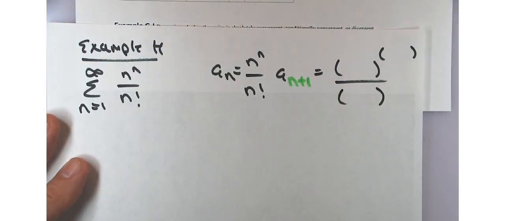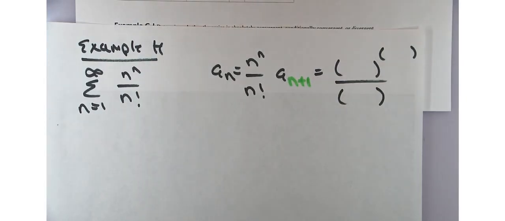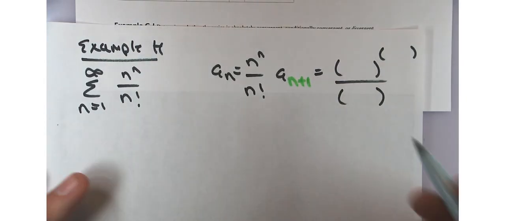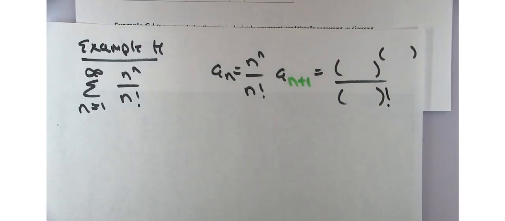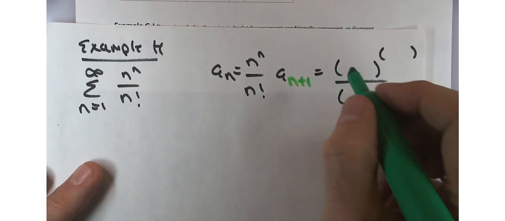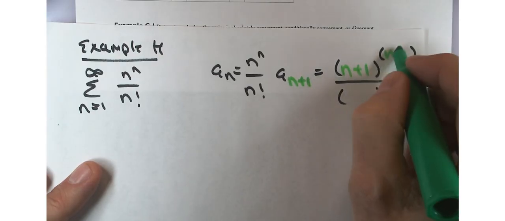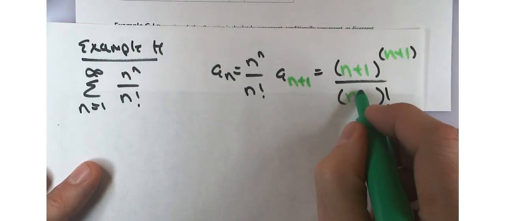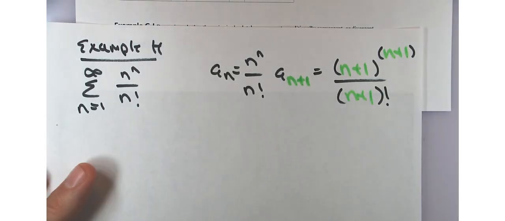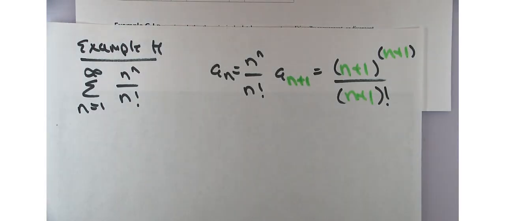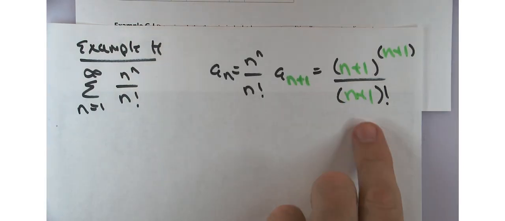Check with your neighbors, right? See what you get. So you should have n plus 1 to the n plus 1 over n plus 1 factorial. And let's see if I can't simplify that a little bit. Are we okay with this initial expression?